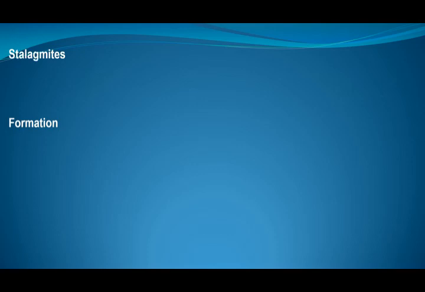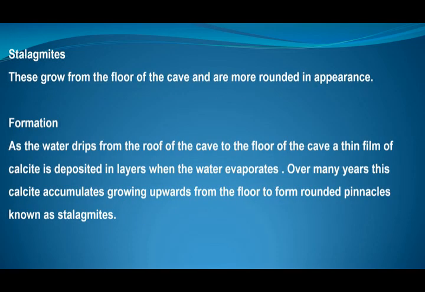Now, the next feature are stalagmites, and these are basically deposits of calcite growing from the floor of the cave, and they are more rounded in appearance. These are formed as water is dripping from the roof, it carries with it some calcite as well.